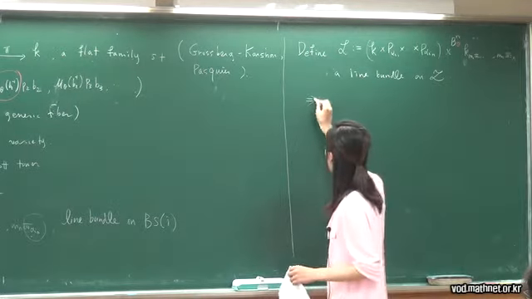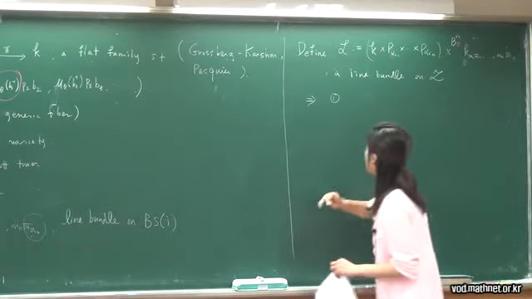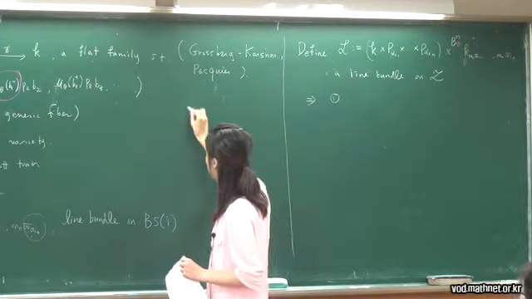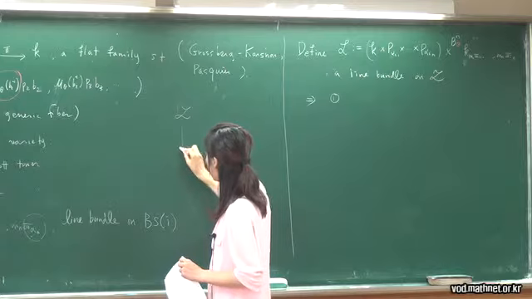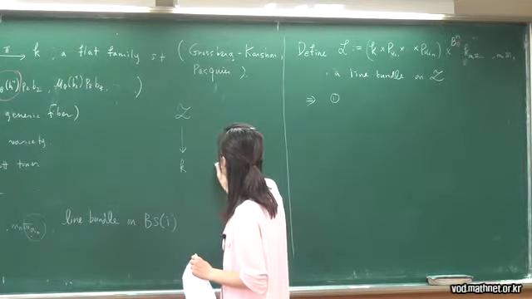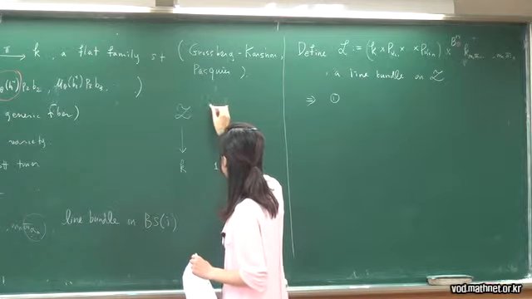Then this is a line bundle on Z. So please, we have this. And on top of 1 we have Z_1.